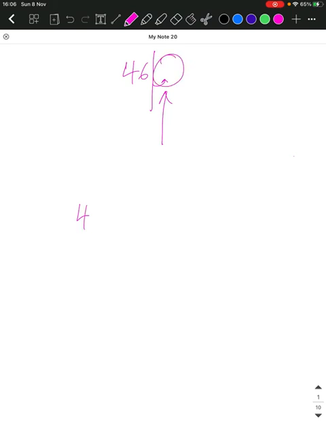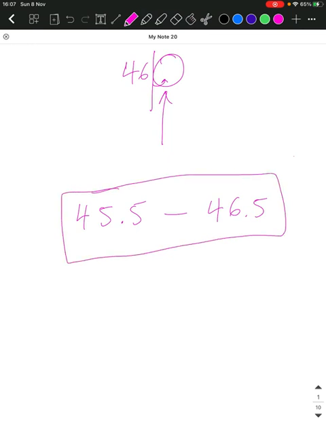If we minus 5 from that decimal place, we'd get 45.5, and if we increase by 5, we'd get 46.5. In other words, any value in this range could have achieved a result of 46 to the nearest whole number.